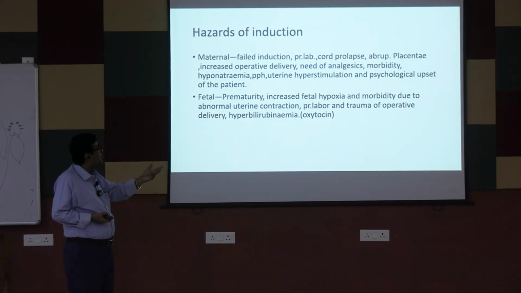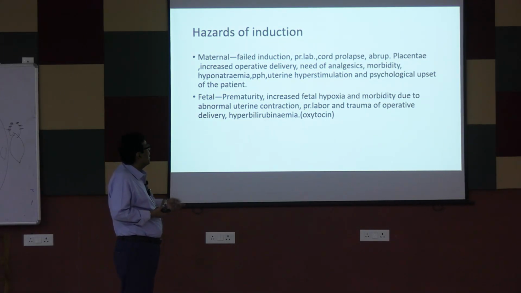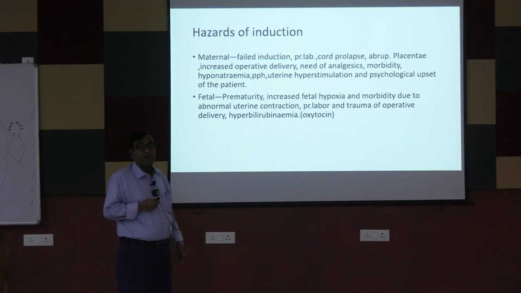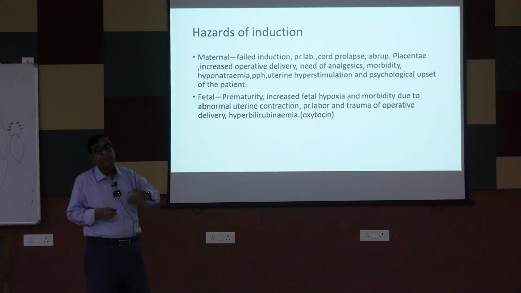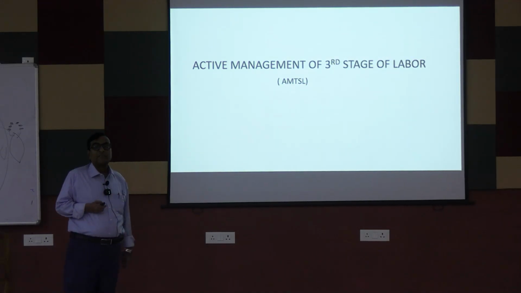Number 2, fetal hypoxia, increased morbidity due to excessive uterine contraction, uterine tachysystole, and trauma of operative delivery. And in prolonged induction with oxytocin, the baby may develop hyperbilirubinemia 24 hours after delivery.